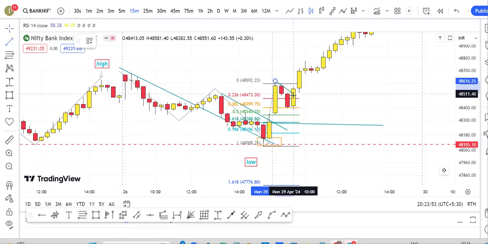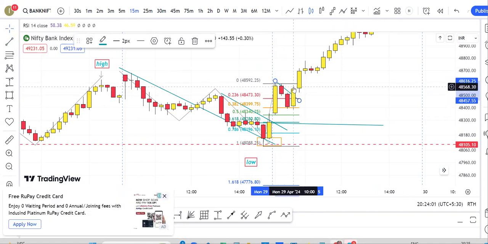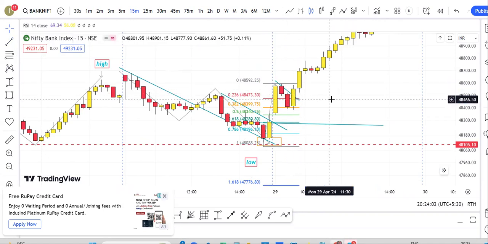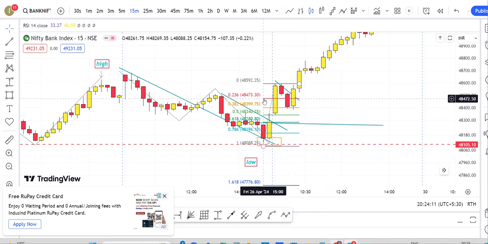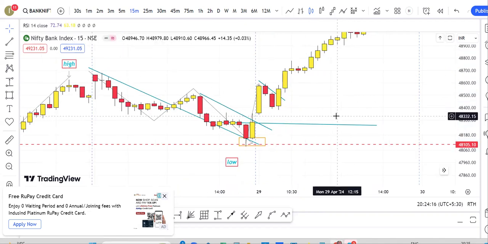Again, this candle is making lower highs and changing character. It made a higher high. So now you are confirmed that the market is going to go up, right? The market is going to go up.